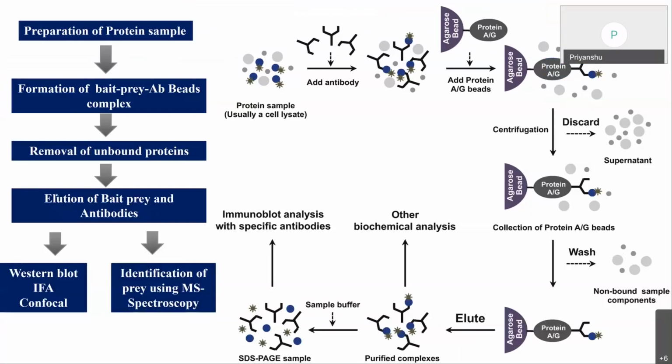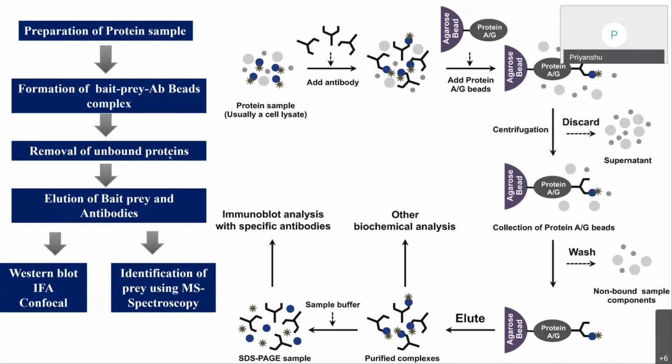Here are some important steps of the co-immunoprecipitation technique. One step is protein sample preparation. The second step is forming the protein antibody bead complex, and then removing all unbound protein from the solution, because in cell lysate there are 1000 or 3000, even 10,000 proteins.